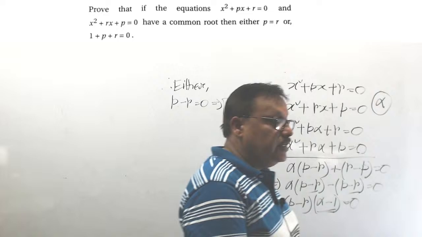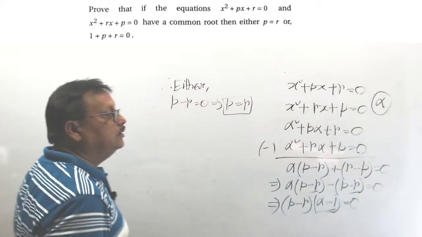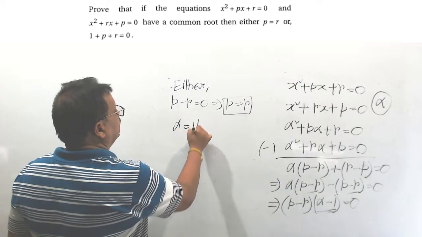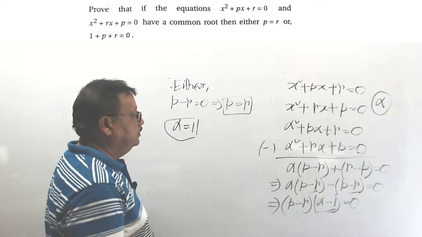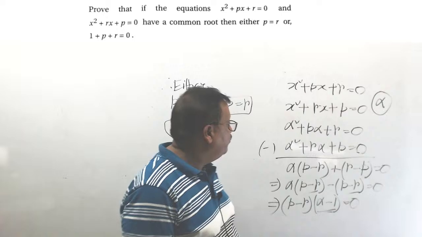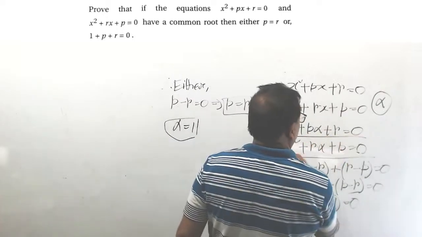What is the other one? Alpha is equal to 1. From this, alpha is equal to 1, you got. Put it in any equation, either this or this.